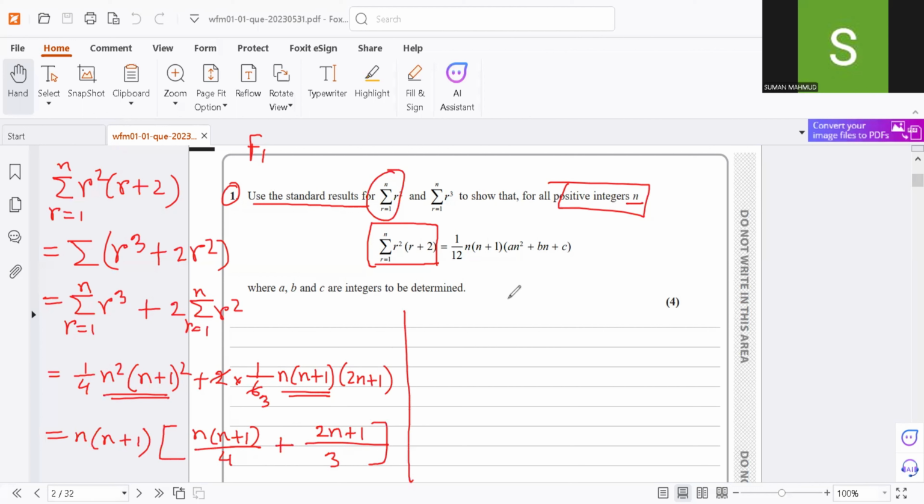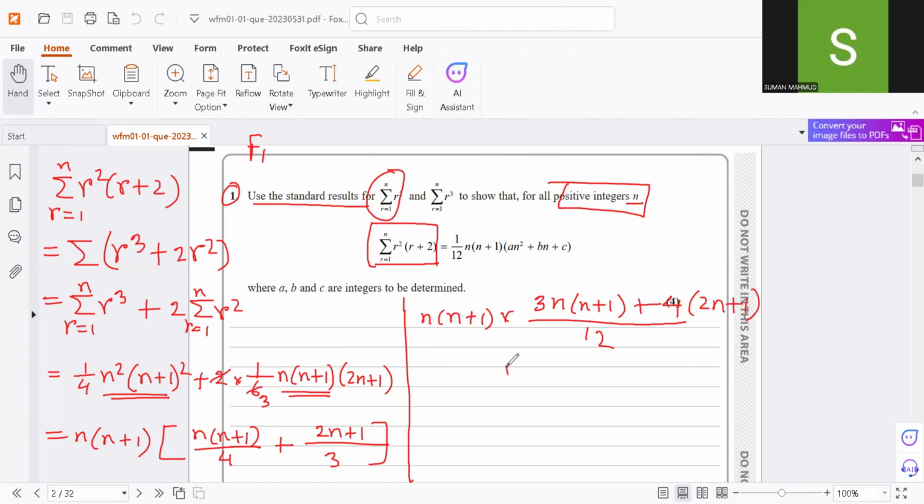Now we can take the LCM. 4 and 3, the LCM is 12. So n into n plus 1. Take the LCM as 12. 12 divided by 4, we get 3. So we can write 3n into n plus 1, and this is 4 into 2n plus 1.